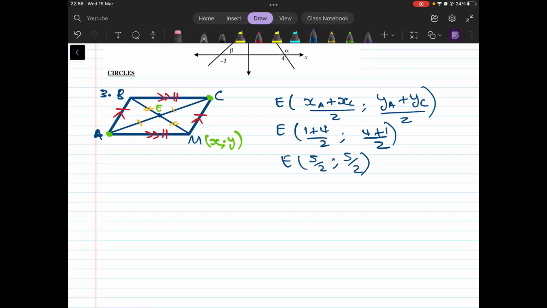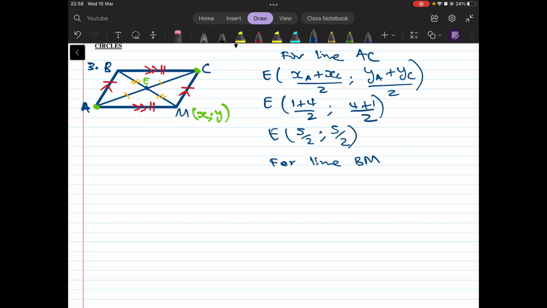So now that you have the coordinates of E, this was for line AC. You can still use the midpoint formula for which line now? For line BM. We apply the midpoint formula again. However, remember that E is the midpoint in this case, so you already know what the midpoint is. That will therefore mean XE equals XM plus XB all divided by 2.